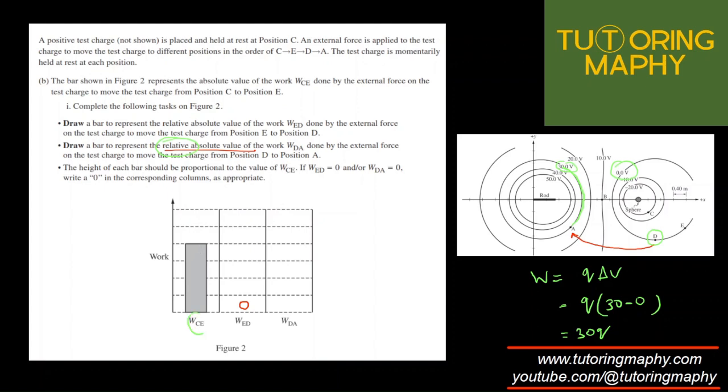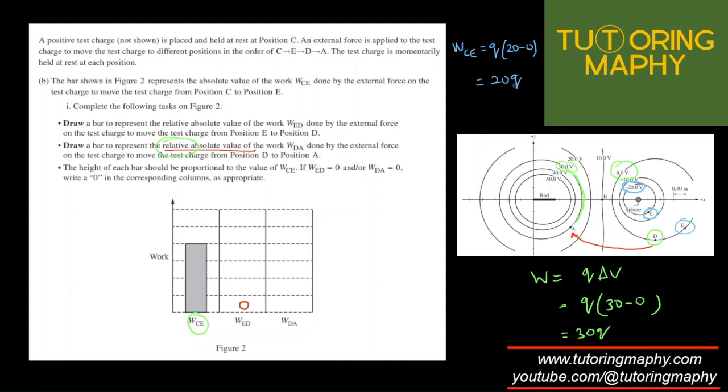So we need to find what the work done from C to E is as well. Then only can we draw the relative graph, right? Work done from C to E. Where is C? C is here, E is here. C is at -20 volts and E is at 0 volts. So once again, the absolute value of the change is 20 minus 0, which is 20Q.